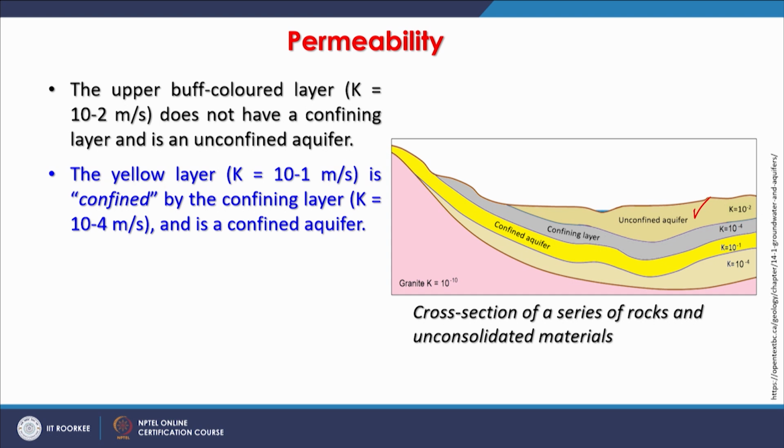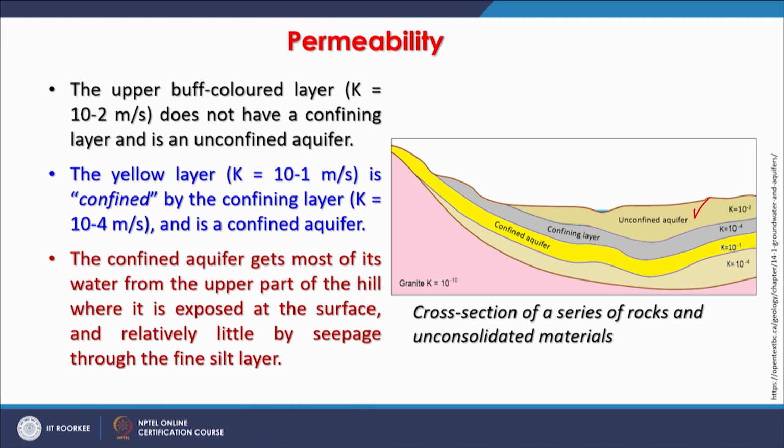In the yellow layer, we have seen that the hydraulic conductivity, shown as K, is 10 to the power minus 1, and whereas in the confining layer the hydraulic conductivity value is very low.